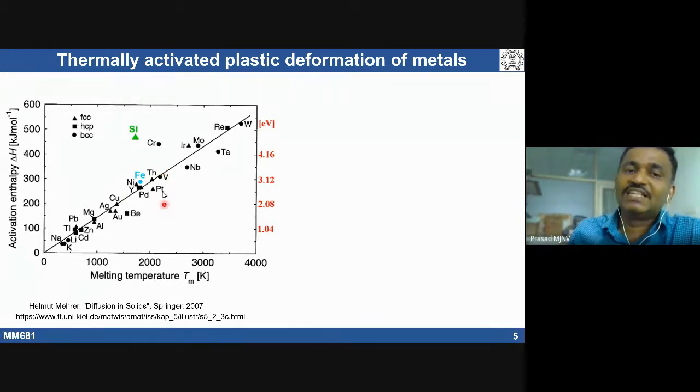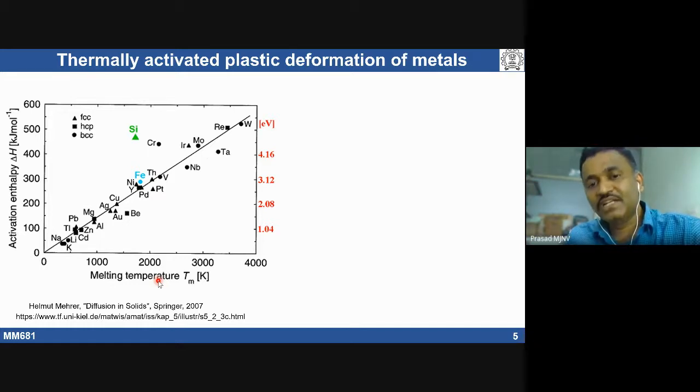So the activation energy for self-diffusion is about 160 times the melting temperature. The units will be joules per mole. If I multiply 160 into the melting point, the activation energy comes in joules per mole. This is a typical ballpark number.